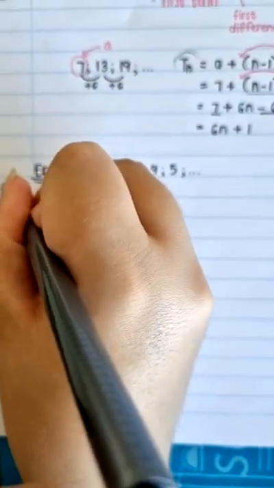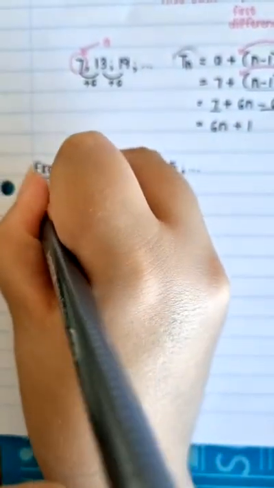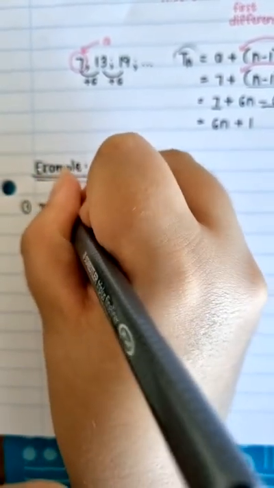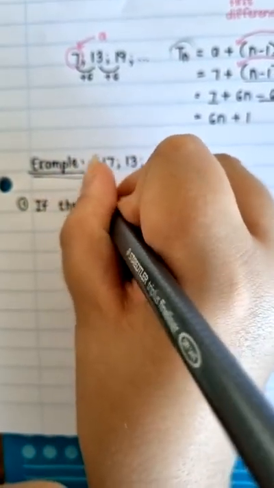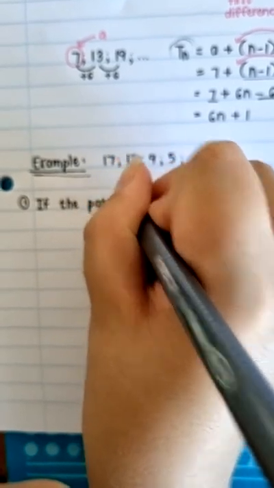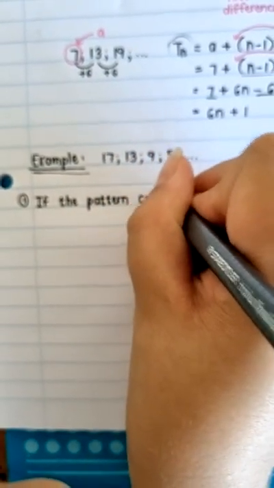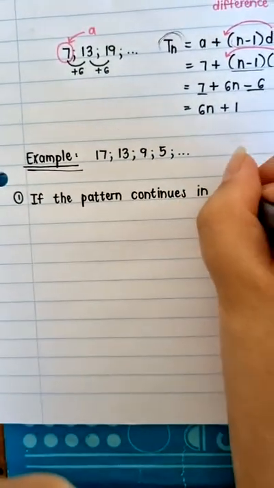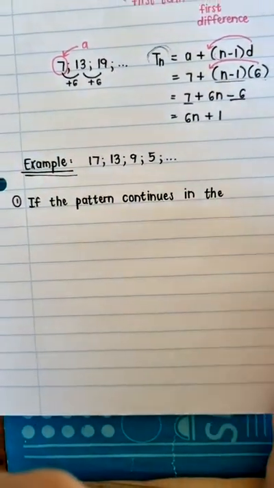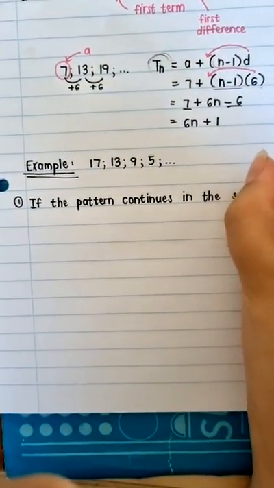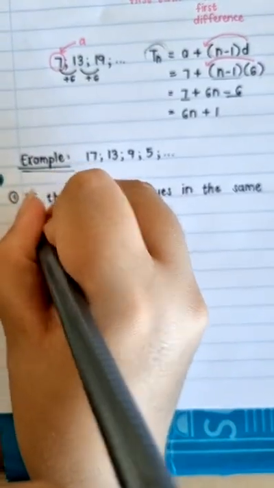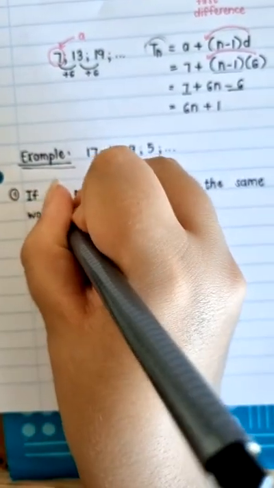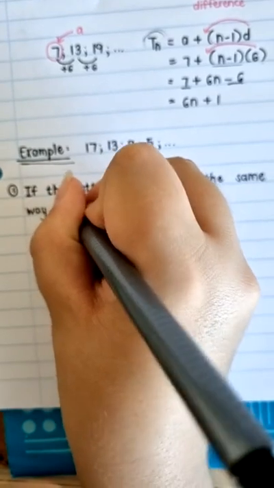So for the first question, they're asking, if the pattern continues in the same way, write down the next 3 terms.